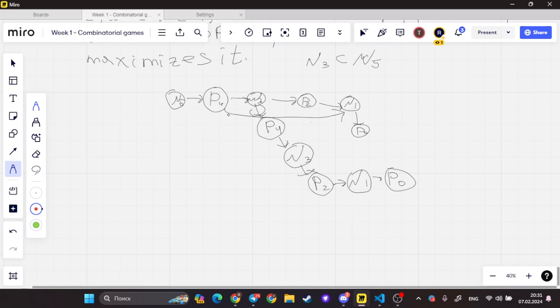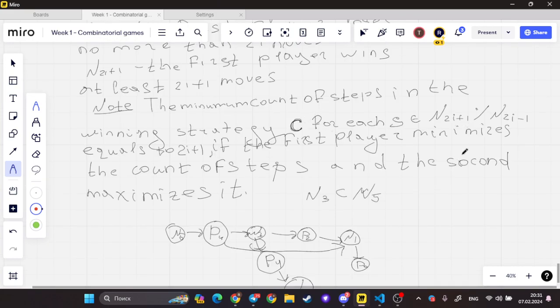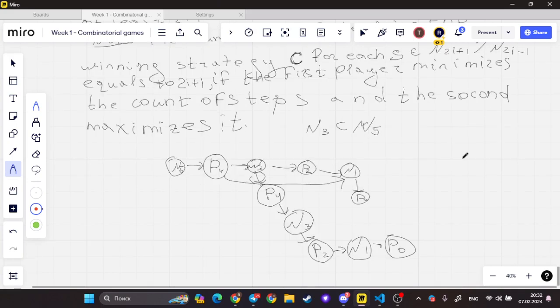Okay, next. This example is about how the first player minimizes the count and the second maximizes. I don't know how to explain it more correctly, but I think it's enough.